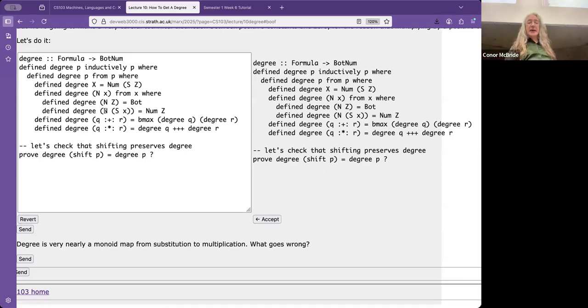But we're still sending the Ubermonoid to the Ubermonoid, the Untermonoid to the Untermonoid. And that's the other reason why we're sending 0, which is the neutral element for the Untermonoid, to bot, which is the neutral element for Bmax.